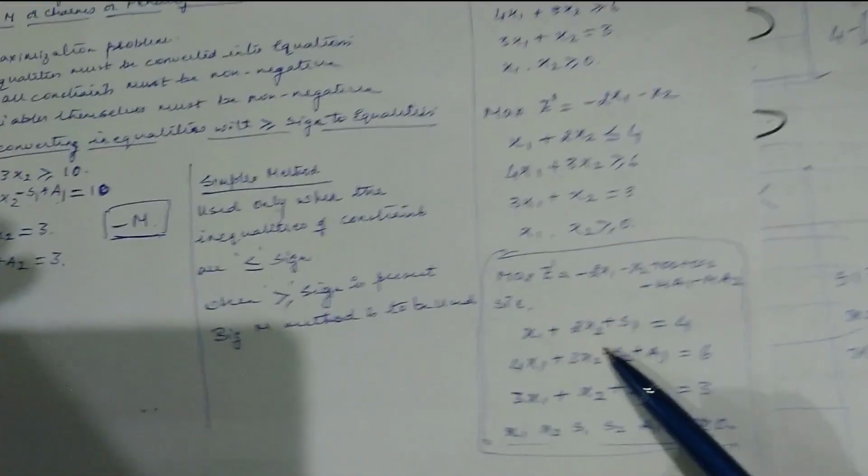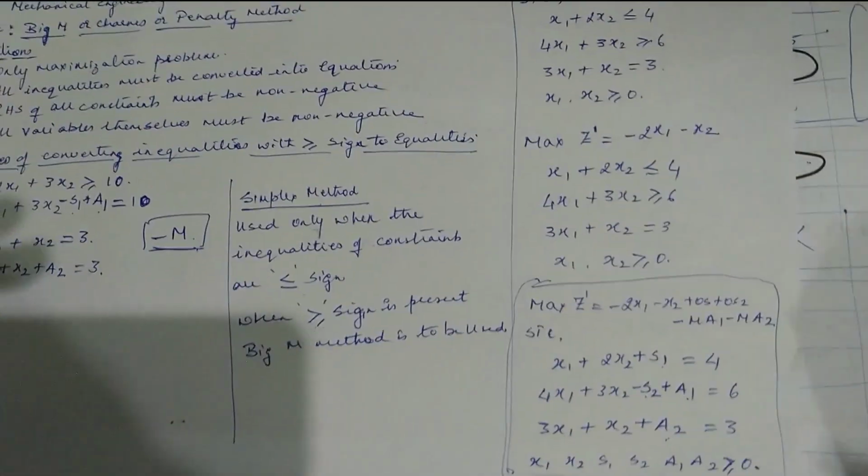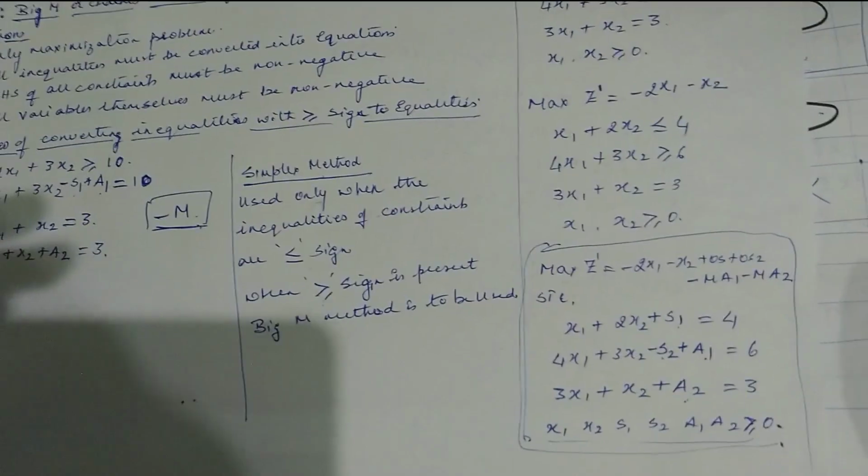Substitute all of these values in either of the equations that we had written to start with. Either in this equation or in this equation, the value that you get for z is the optimal value.